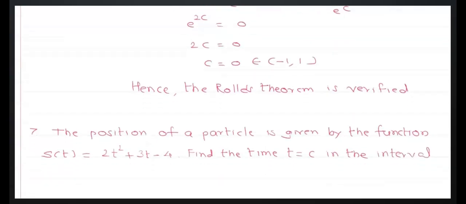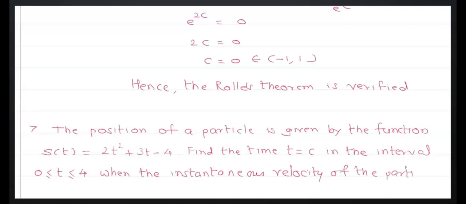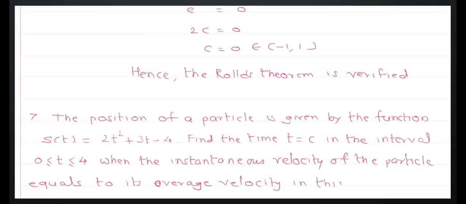Find the time t = c in the interval where t lies between 0 and 4, when the instantaneous velocity of the particle equals its average velocity in this interval.